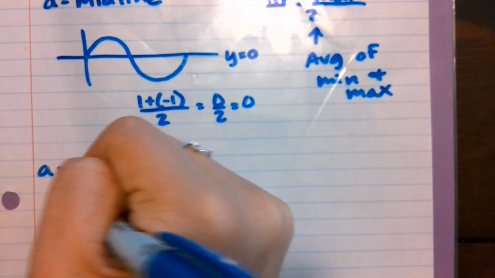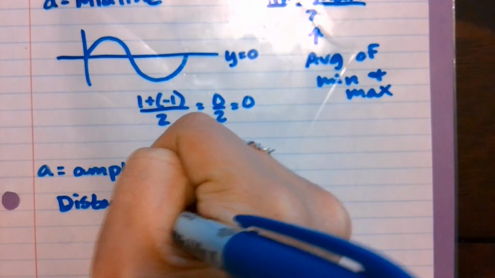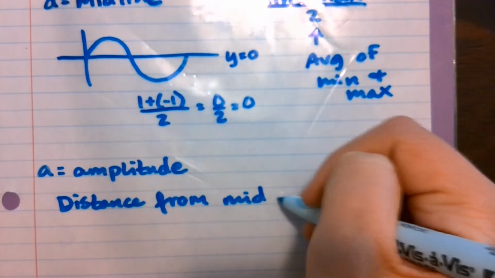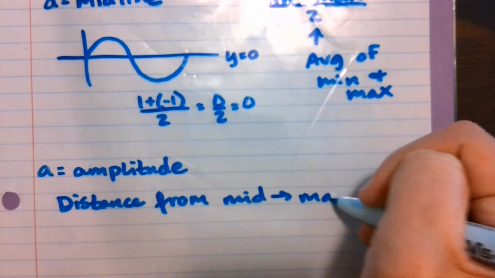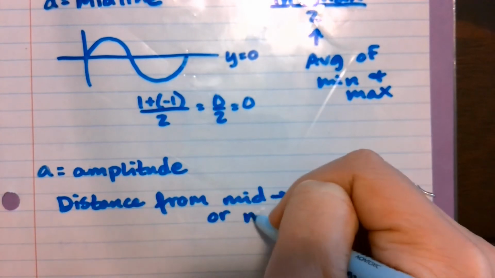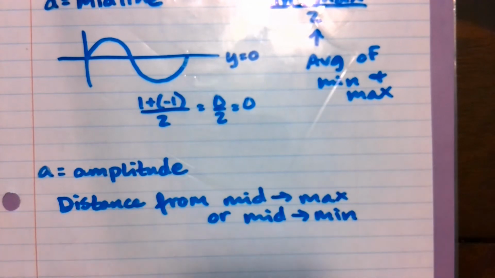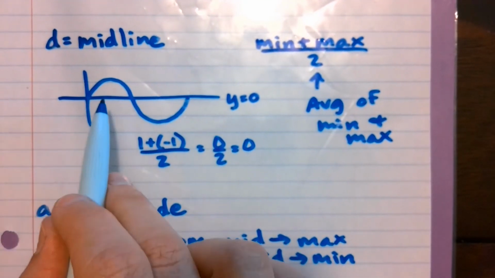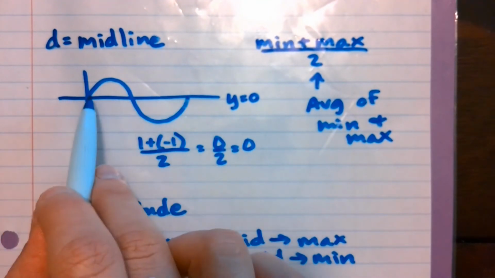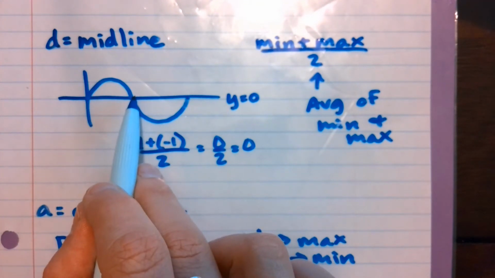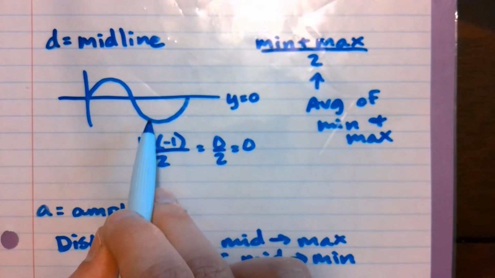So if we're talking about that parent function, since our midline was at 0, the distance from 0 to the max is 1, and the distance from the midline to the min is 1.